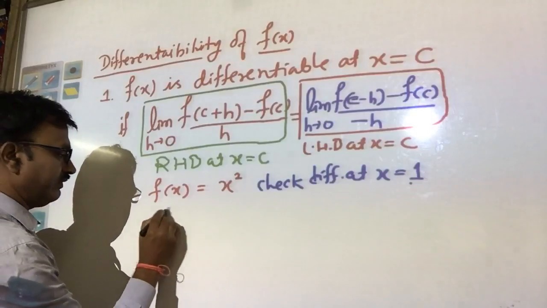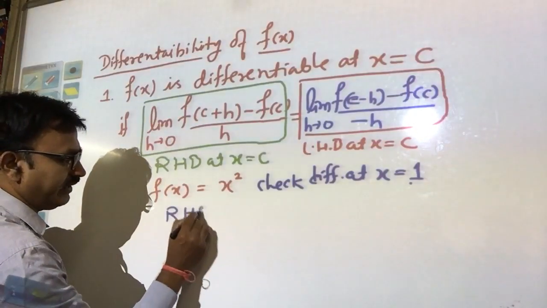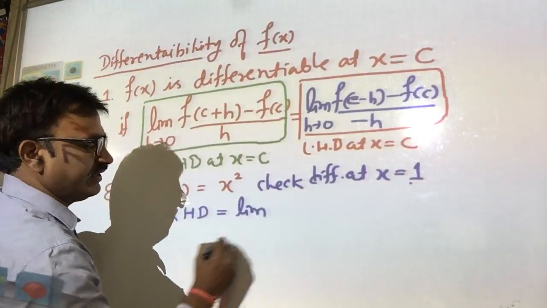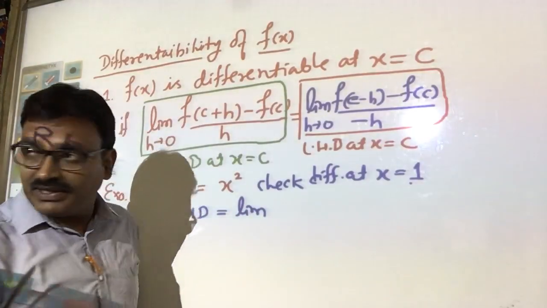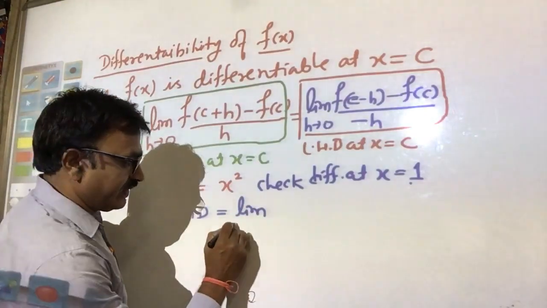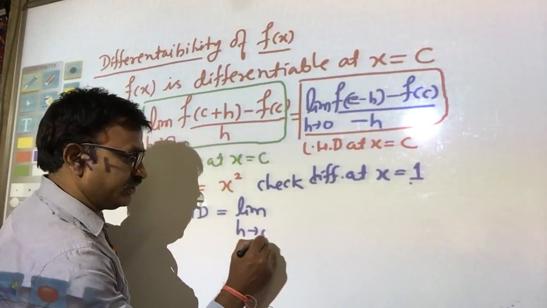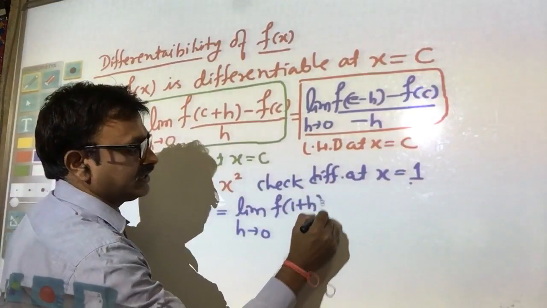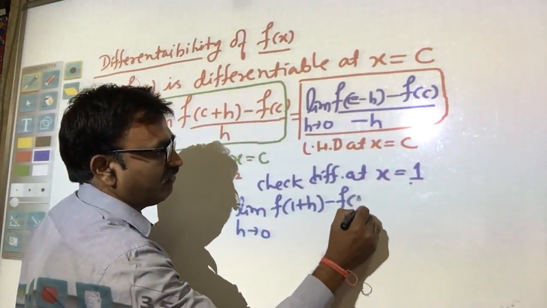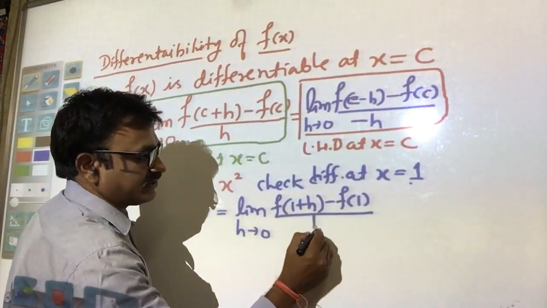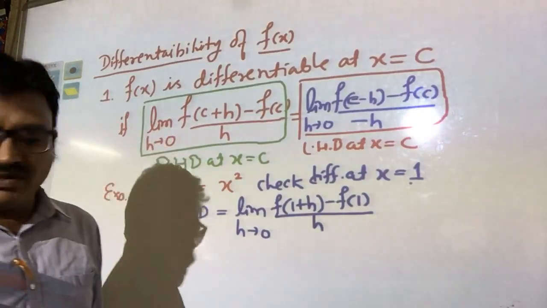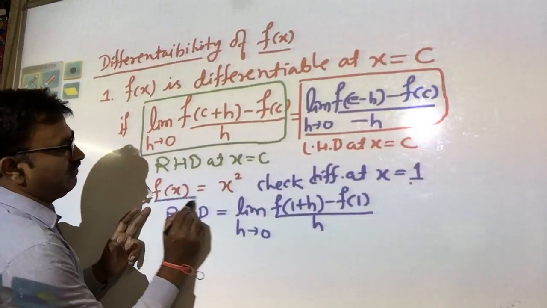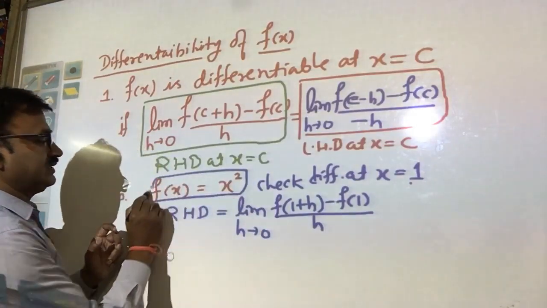So now we will write two things, the right hand derivative. First we will write the definition. The right hand derivative definition is the limit as h tends to 0 of f(1 + h) minus f(1) divided by h. Now our function is f(x) equal to x square.